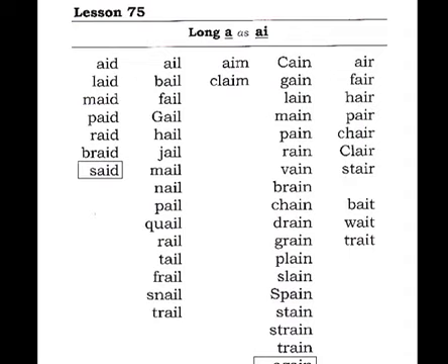And in that spelling family, you have S-A-I-D, which is pronounced said. It rhymes with read. There is no such word as sayed. It's said. And in the Cain, rain family, we have A-G-A-I-N, which is pronounced again, and A-G-A-I-N-S-T, which is against.